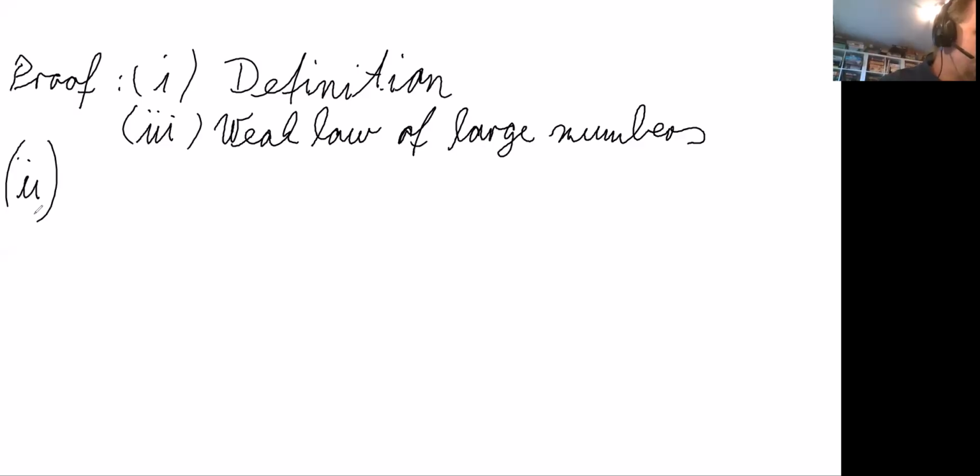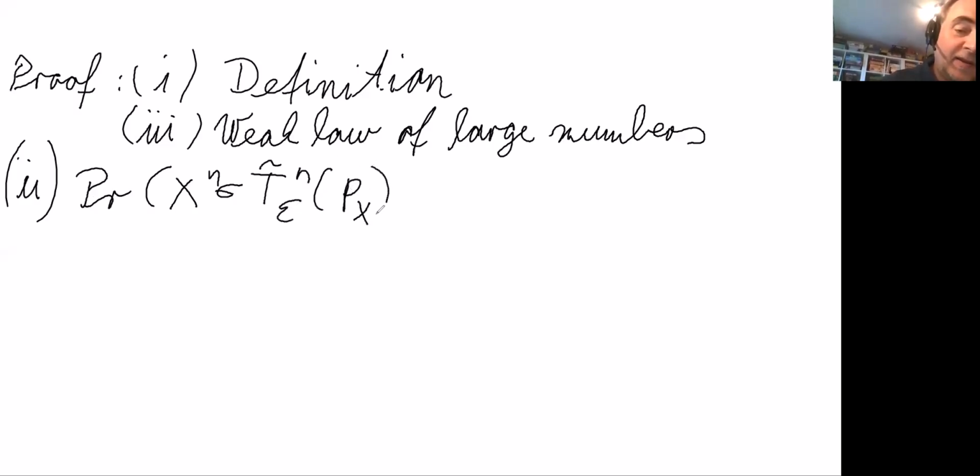If you look at 2, we make the following trick. So we want to have a cardinality. But first we look at the probability that a sequence is in the typical set of sequences of Px.